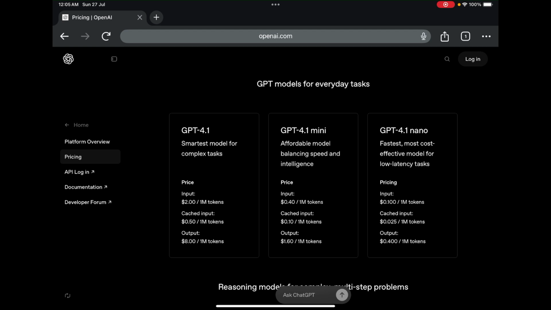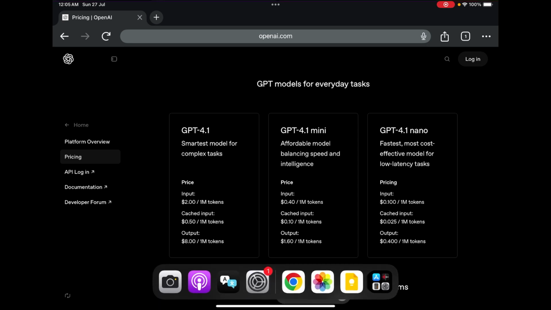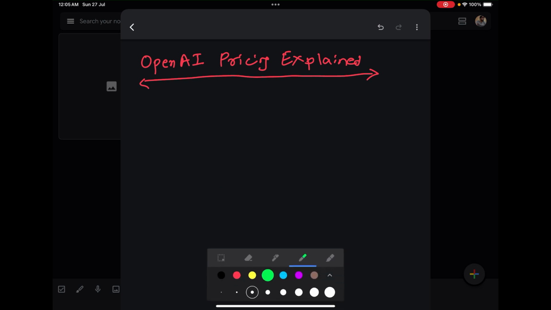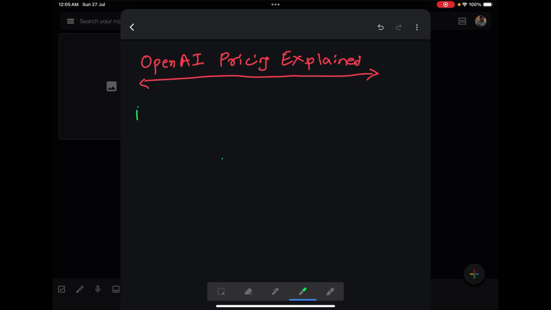sense. So let me go back to my drawing, and I'll try to explain it one by one. I'll start by explaining the pricing for, let's say, embedding models.